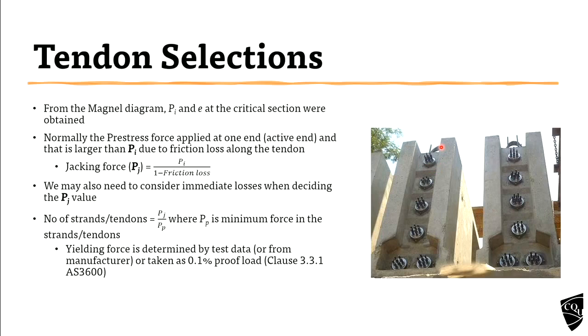Today we are going to look at how to find the number of tendons and how to arrange them in the cross section. First we need to find out how many tendons we need, then we can decide how to arrange them.